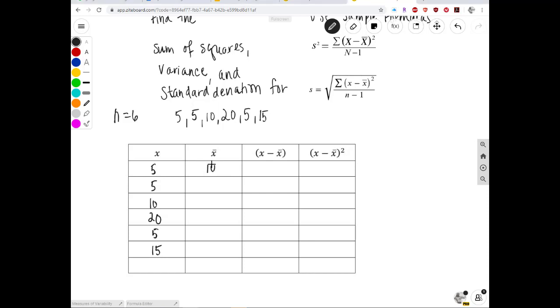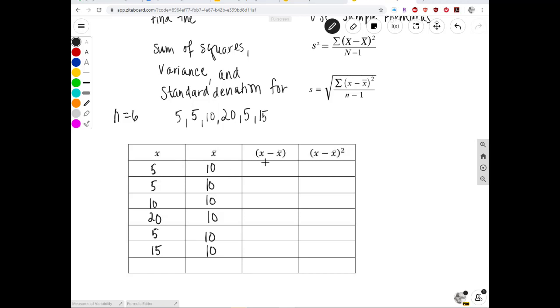So this is the mean for all the numbers added up and divided by the quantity of numbers. Okay. Now I'm going to take the deviations from the mean. So I'm going to take my data and subtract the mean.